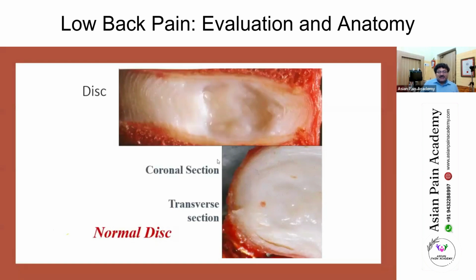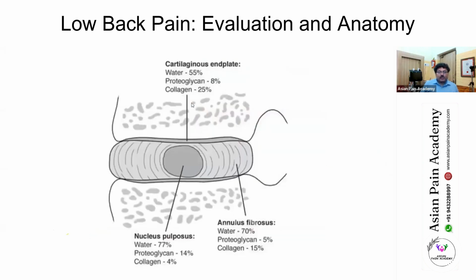So this is the normal disc, this is the sagittal section, this is the coronal section. And you can see the nucleus is clear jelly-like material and you can see a clear annulus. How are they formed? Usually the end plate, the cartilaginous part, has 55% water, 8% proteoglycan and 25% collagen.